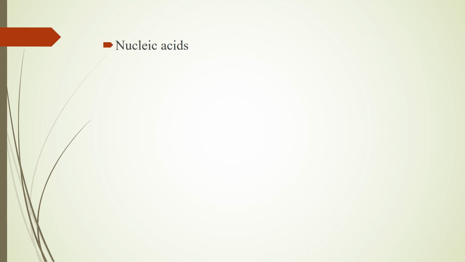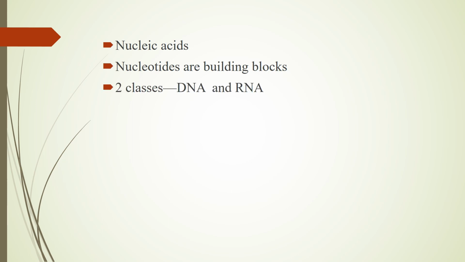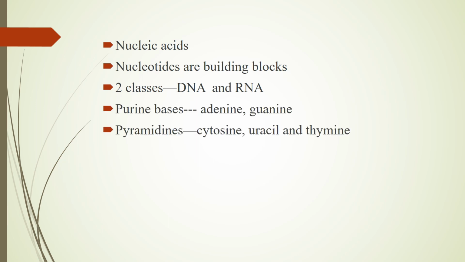Next is the nucleic acids. Nucleotides are the building blocks of nucleic acids. Two classes are there, deoxyribonucleic acid or DNA and ribonucleic acid or RNA. They consist of purine bases and pyrimidine bases. Purine bases include adenine and guanine.